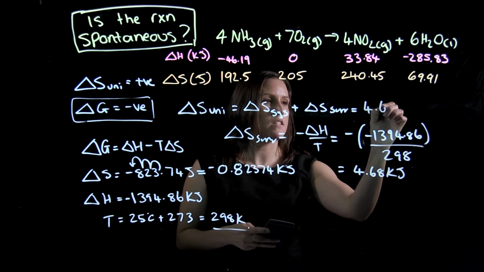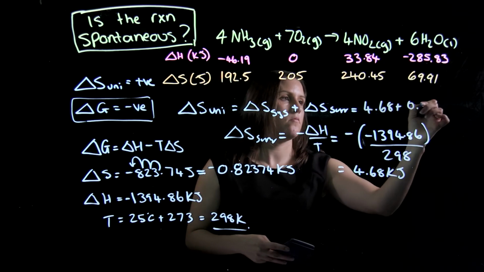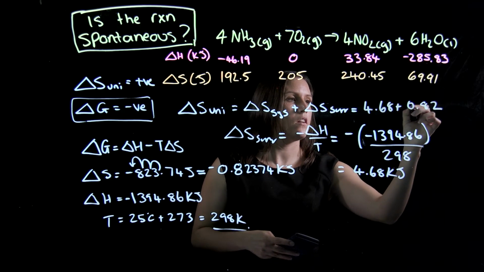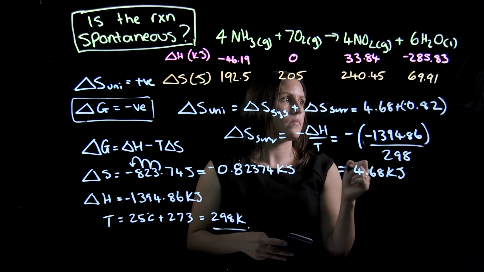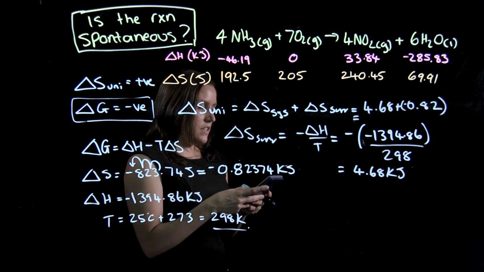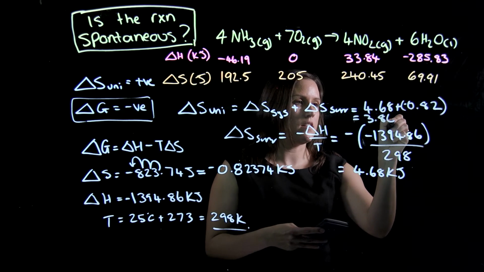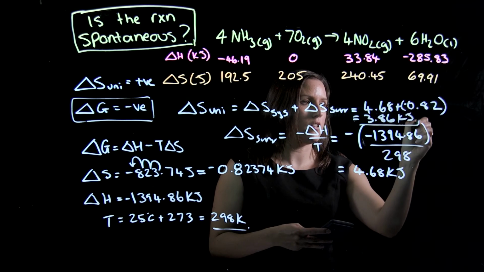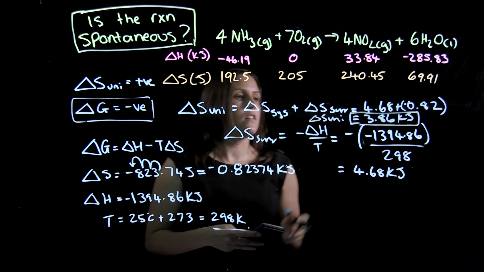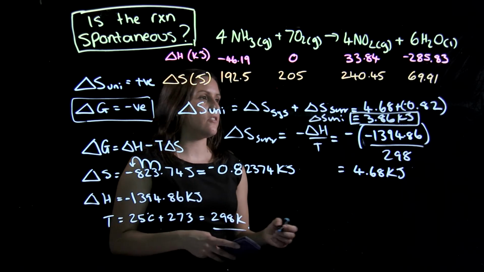So I've got 4.68 plus the negative 0.82, which gives me 3.86 kilojoules for the universe. So that's my delta S of the universe. You can see again we've got a positive value indicating it's a spontaneous reaction.